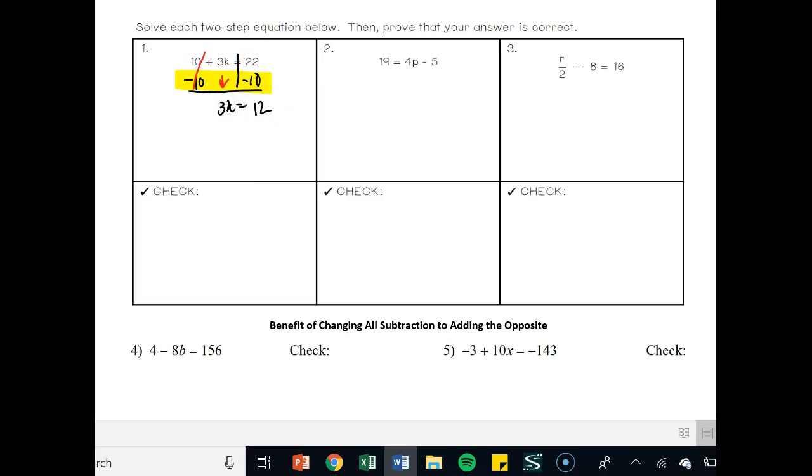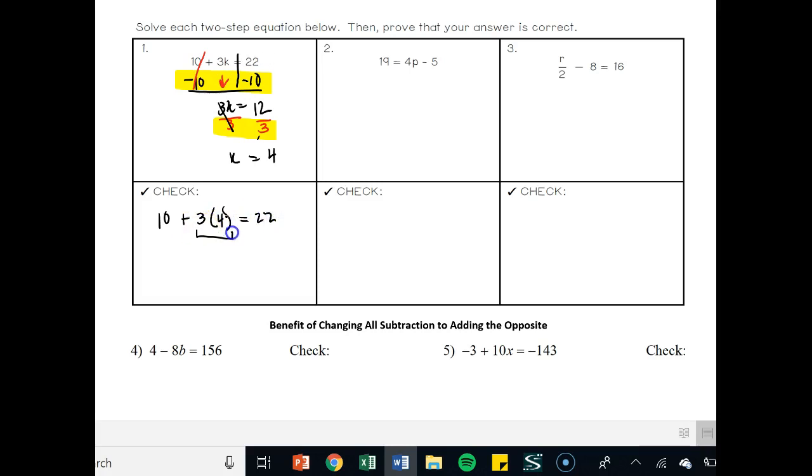Now here comes the second step, right? So we have 3k, 3 times some number equals 12. I see multiplication, so I end up dividing, right? Highlight that because that is your second step of a two-step equation. 3 divided by 3 is 1, so it cancels out, and you're left with k is equal to 12 divided by 3, which is 4. So in checking this, you have 10 plus 3, not k, but parentheses 4, is equal to 22.